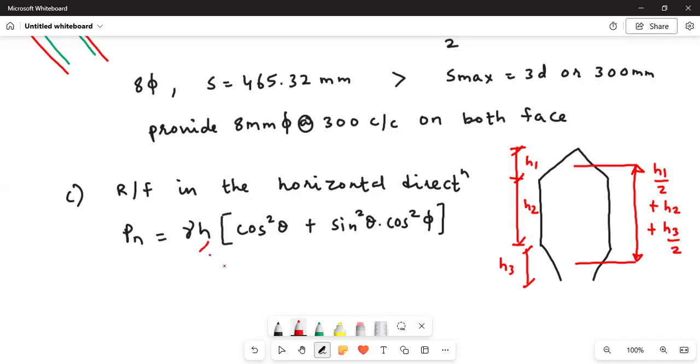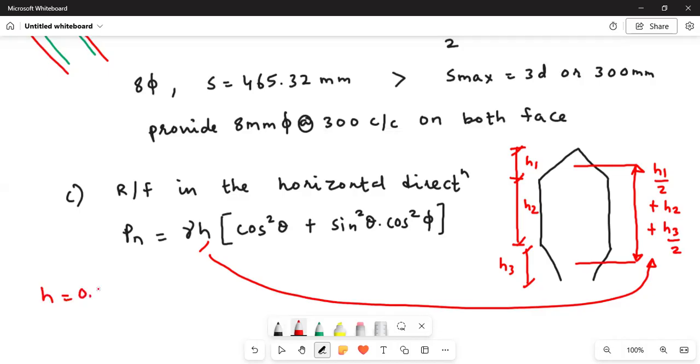This is your H. This H you need to take. H1 by 2. Why H1 by 2? Because it's a triangular shape. We need to take the average depth, and below the bunker also, it is a triangular shape. We need to take the average depth. So what is H? H equal to H1 by 2 plus H2 plus H3 by 2. What is H1?